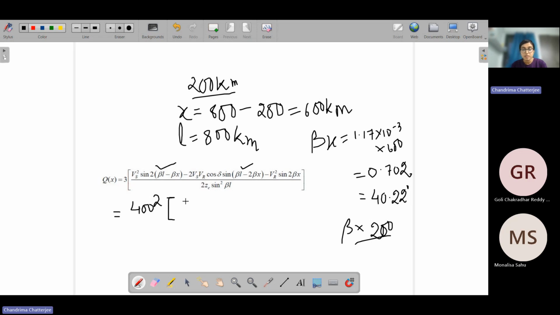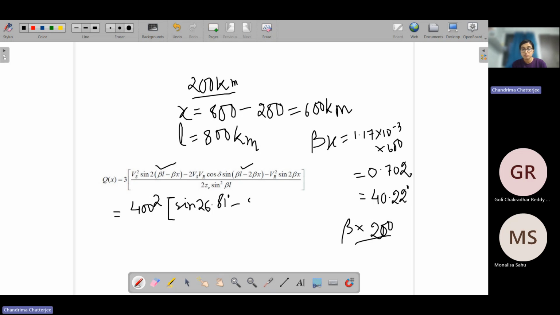Beta times L minus X. Okay, so this is sine 26.81 degree, the first one.